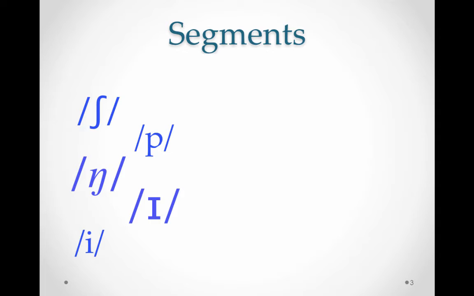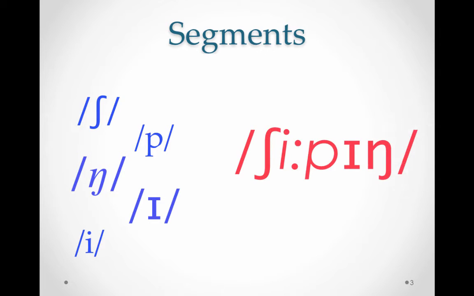Of course, we know that these segments combine usually to form bigger pieces that we call words. If we combine vocalic segments and consonant segments, we could see how this word reads as shipping.